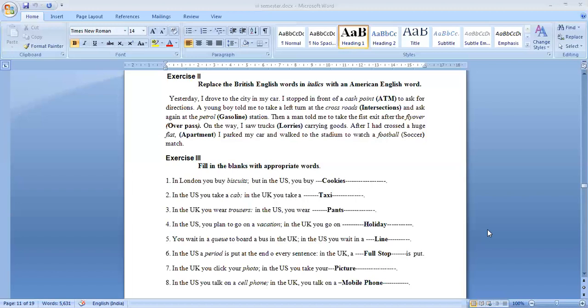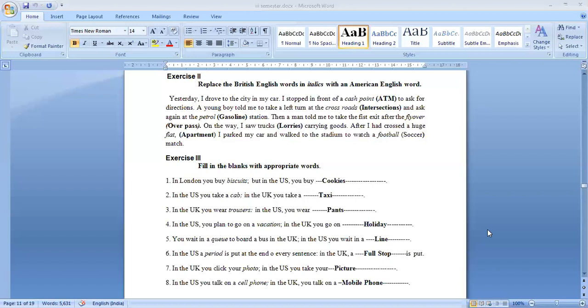That kind of place in British English is called crossroads. But the same place is called intersection in American English. So the equivalent for crossroads in British English is intersection in American English.